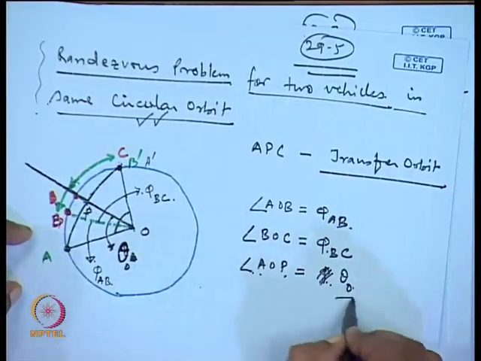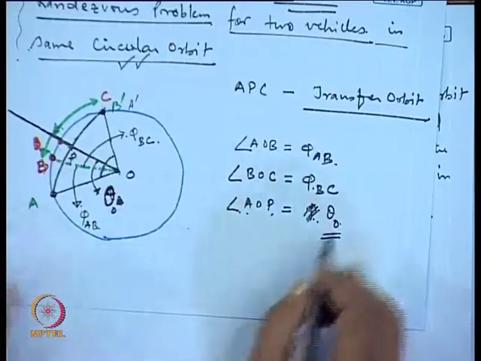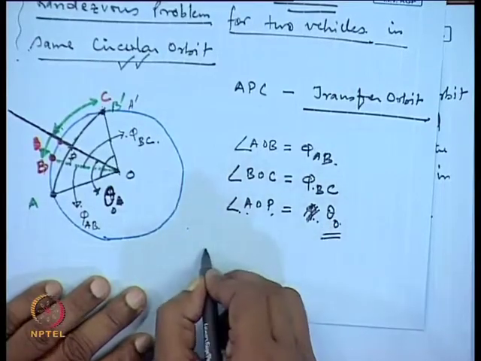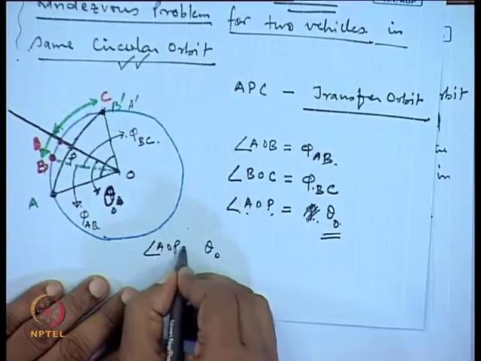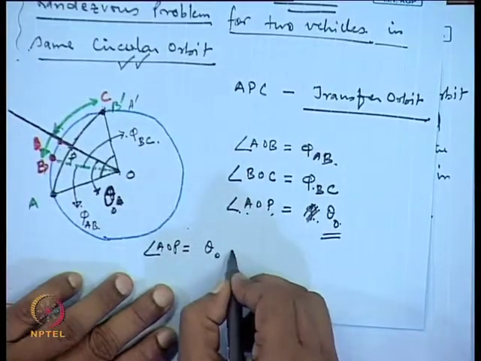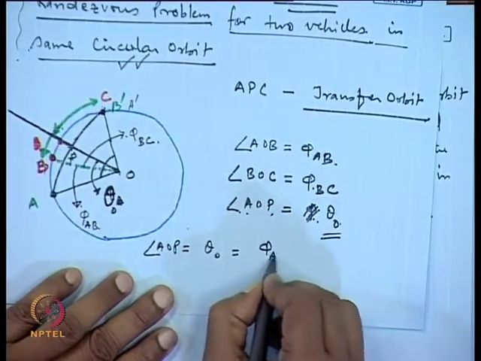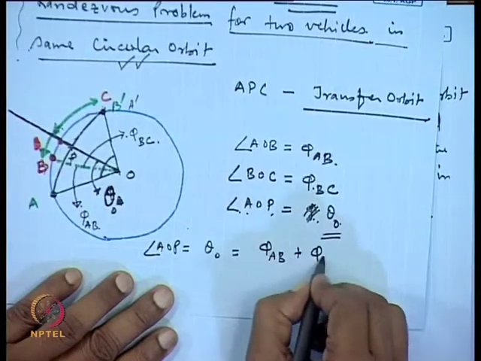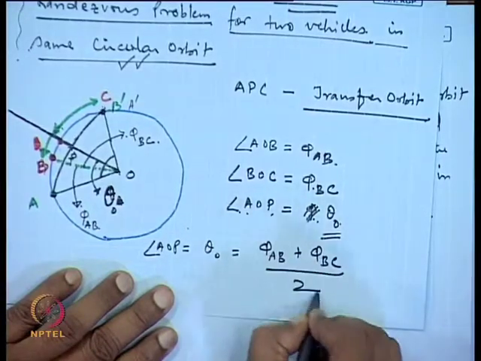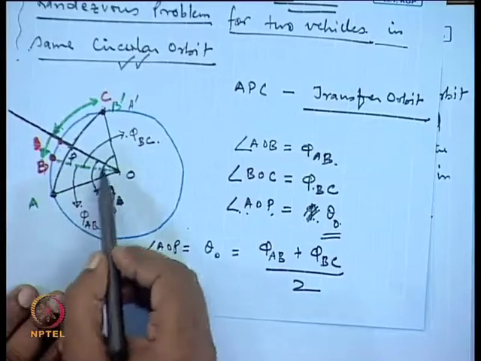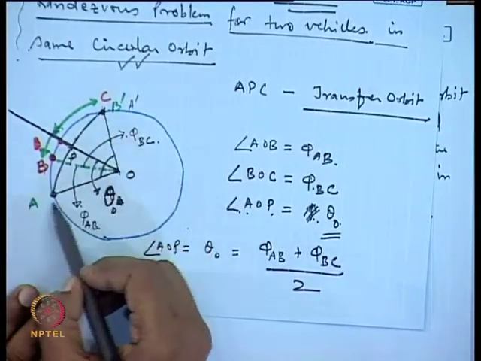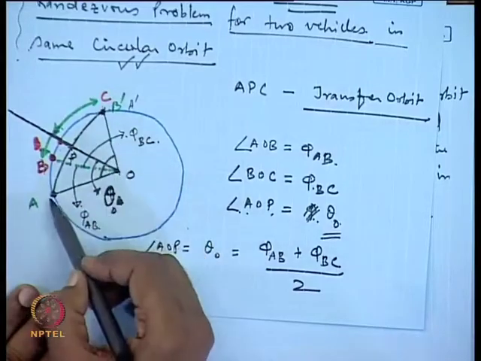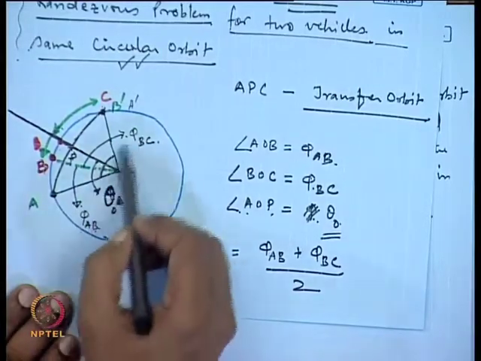Okay, so, it will make a little distinction. So, AOP which is equal to theta 0, this can be written as phi AB plus phi BC divided by 2, okay, which is very clear, because OP is bisecting the angle AOC. So, AOC is nothing but phi AB plus phi BC.